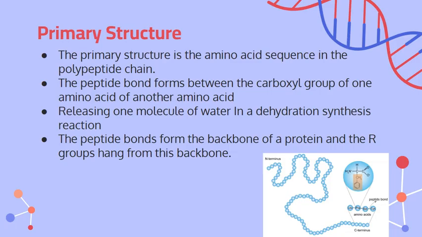The peptide bonds form between the carboxyl group of one amino acid and another amino acid, releasing one molecule of water in a dehydration synthesis reaction. The peptide bonds form the backbone of a protein, and the R groups hang from the backbone. So we can see here, right, the polypeptides join together and the R groups hang off.